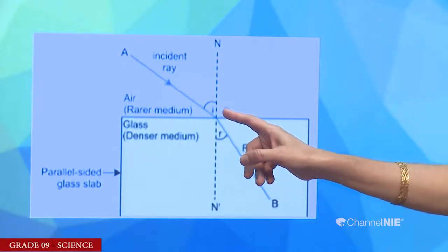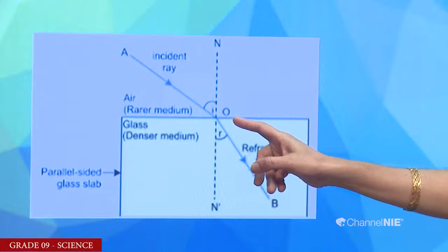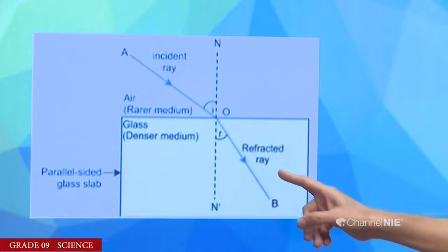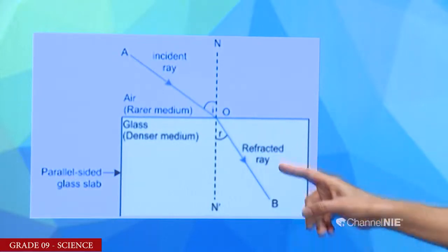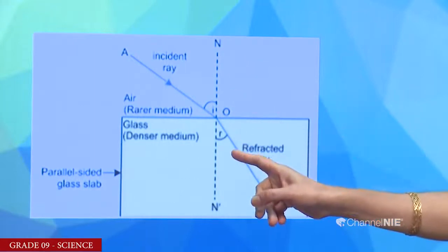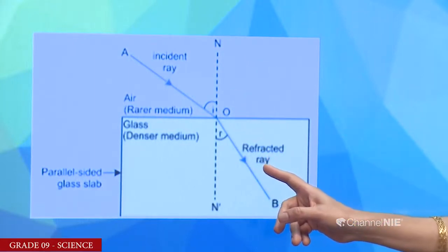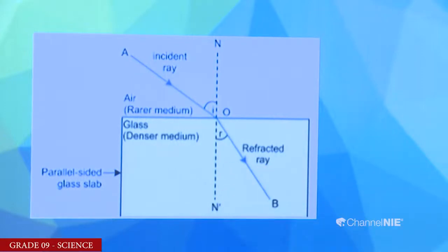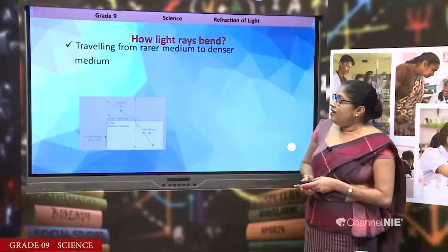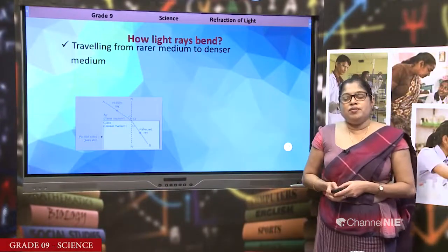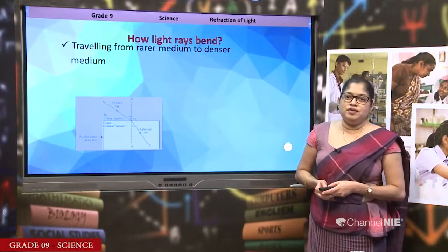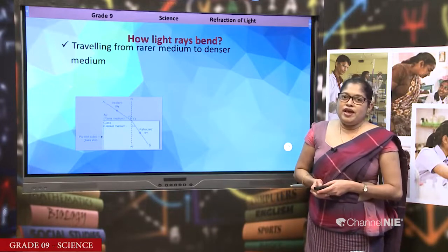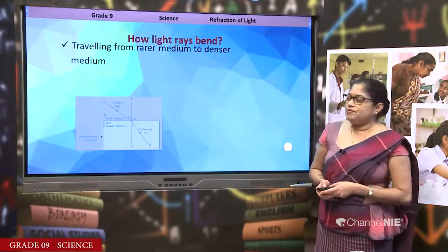Once it is refracted through the glass, you can see the refracted ray here. So, it is very clear to you that the refracted ray bends towards the normal. Whenever a light ray is travelling from rarer medium to denser medium, the light ray is bending towards the normal.